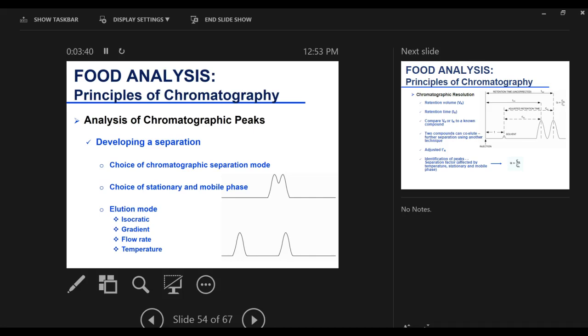So this also needs to be adjusted and optimized. Again, you want a short analysis time. So with higher flow rate, compounds are going to come out sooner, but you don't want too high of a flow rate. They will come out too soon and not separate. Okay? So again, you want to choose your optimal flow rate with good separation and reasonable analysis time.